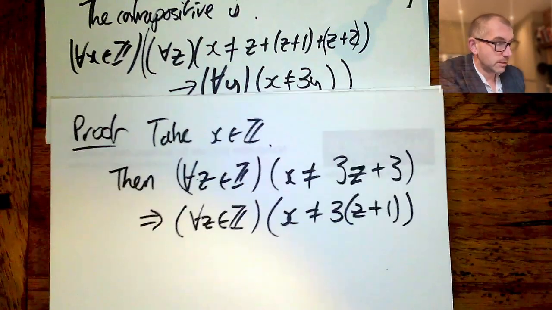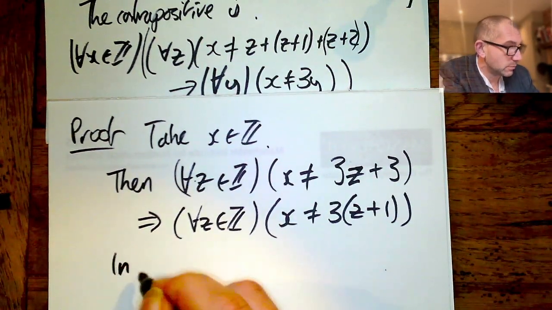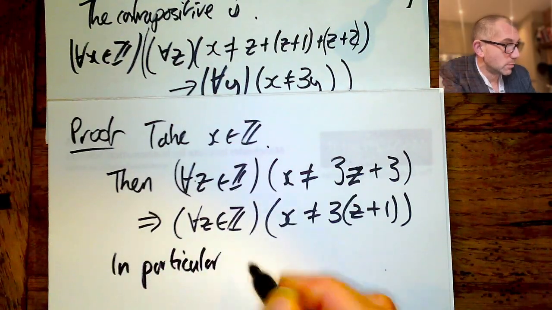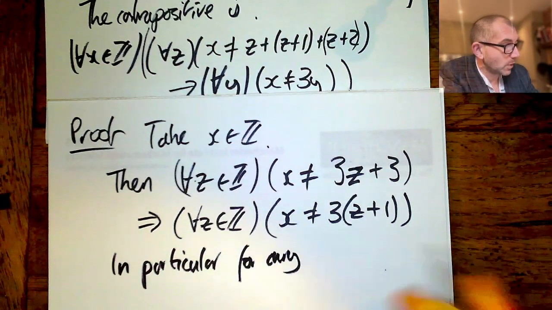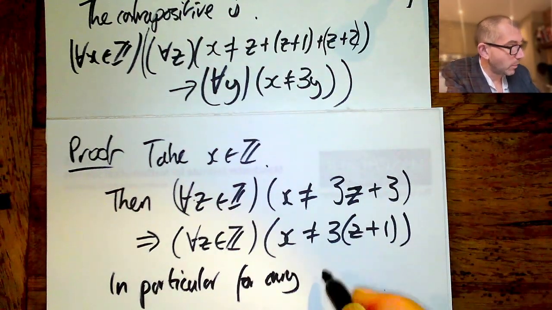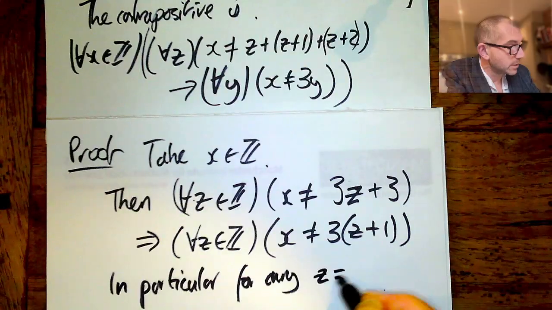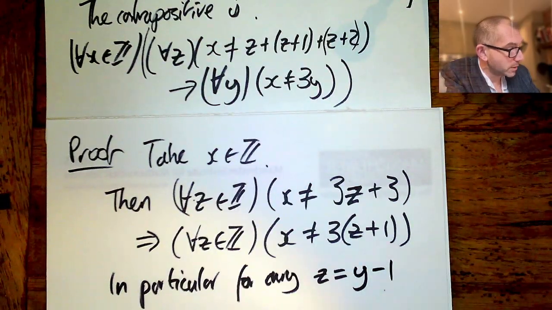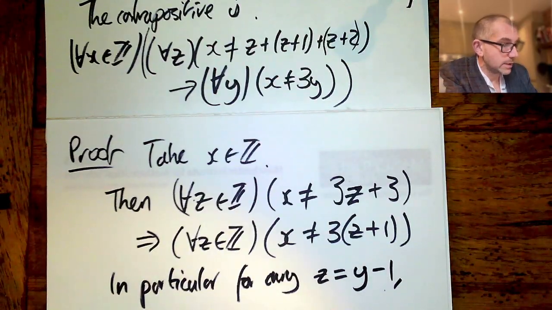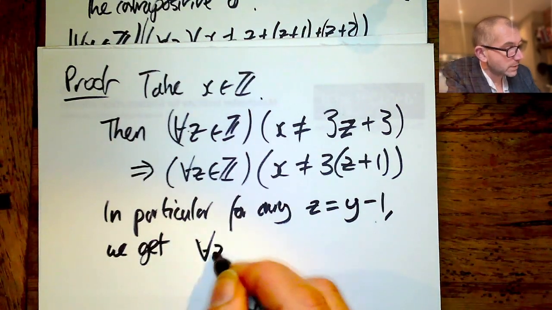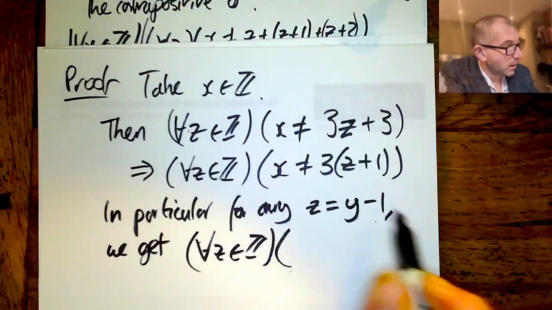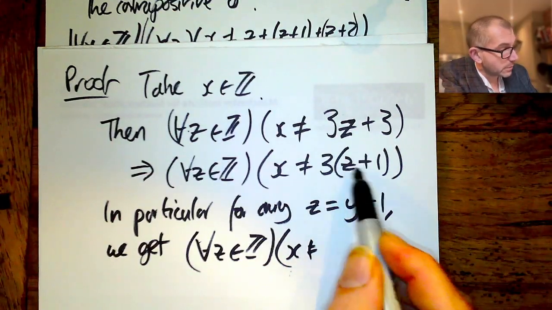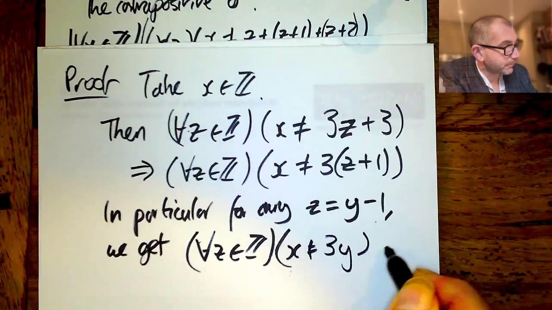So I can say now, in particular, for any z equals y... what do I want? z equals y minus 1, we get for all z in Z, x is not equal to, and now you just substitute that in and you get 3y as required.